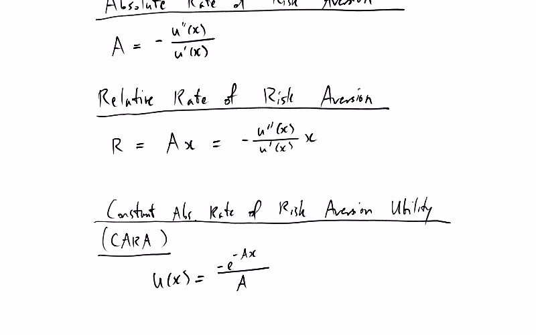Usually it's going to be a positive number. This utility function has the property that the absolute rate of risk aversion equals A.